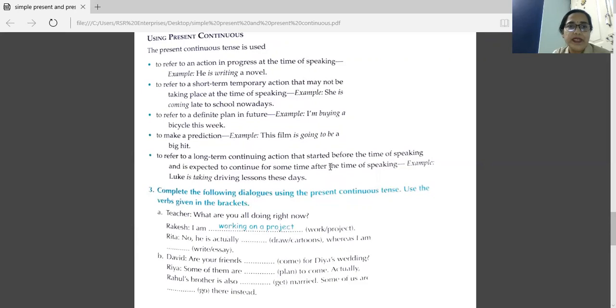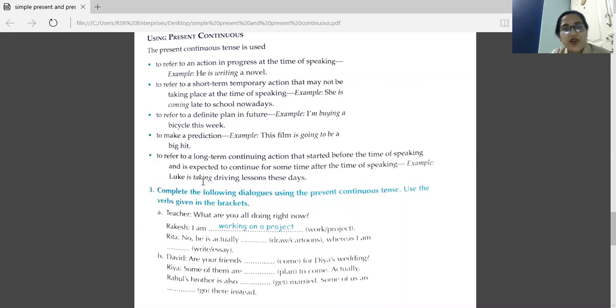See this example. Luke is taking driving lessons these days. That means it started at some past time, at present it's going on, and after some time also it will continue. So in that condition, you can use present continuous tense.